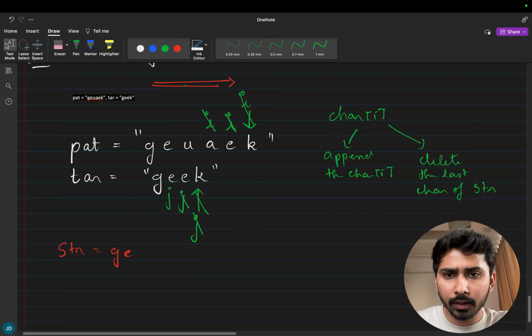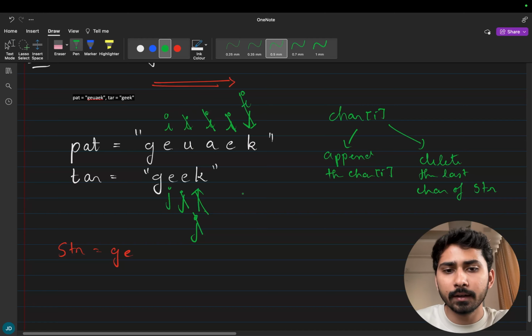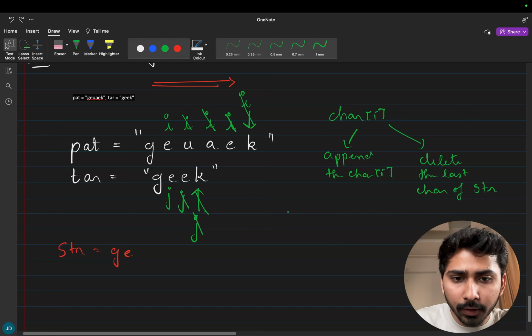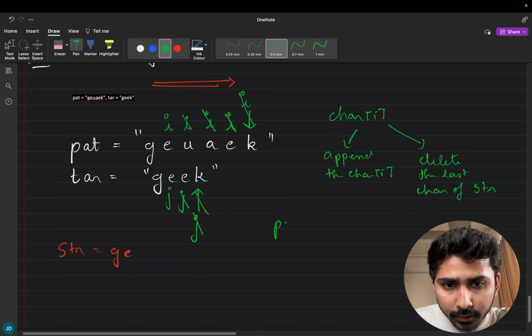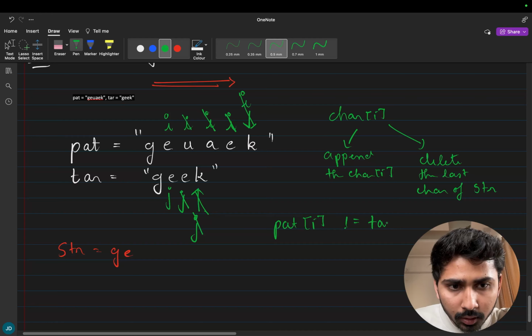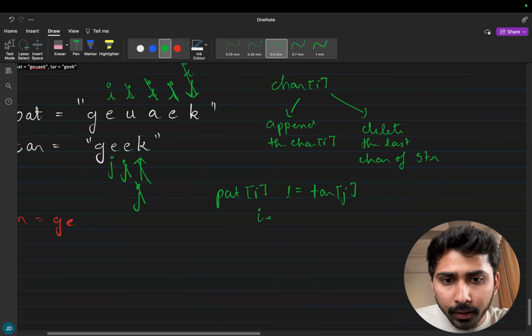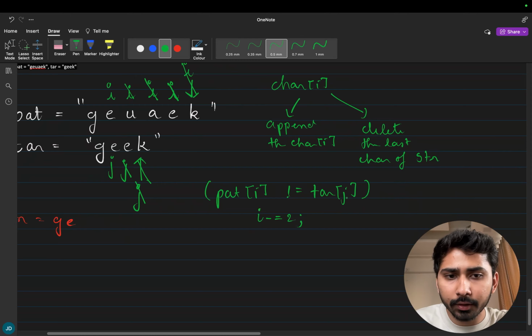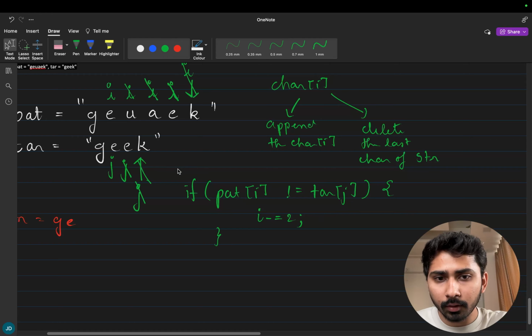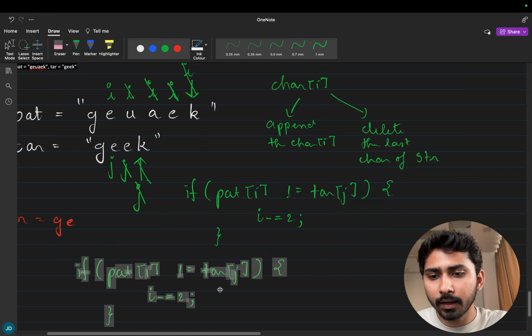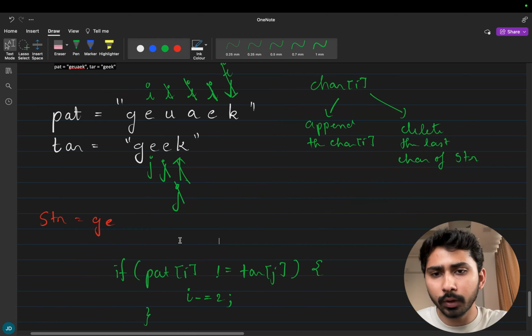I am saying that if pet of i is not equal to tar of j, in that case I will move the ith pointer 2 positions, minus because we are decreasing the values of i and j. So this delete operation can be reflected in this manner by moving the ith pointer 2 times.